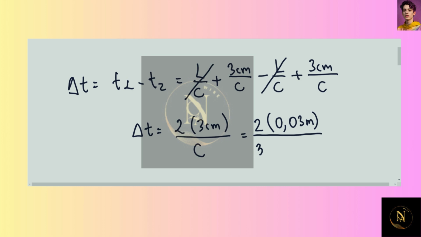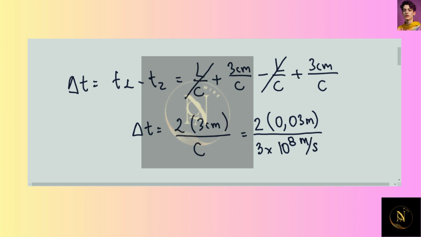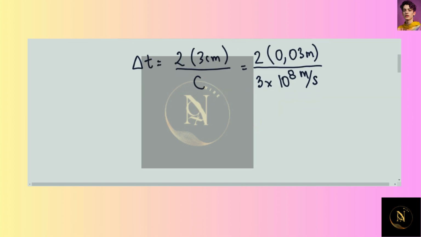And we know that the speed of light is 3 times 10 to the 8 meters per second. So plugging this into the calculator, we note that the interval of time, or the difference between one photon and the other to reach the detectors, is 0.2 nanoseconds.